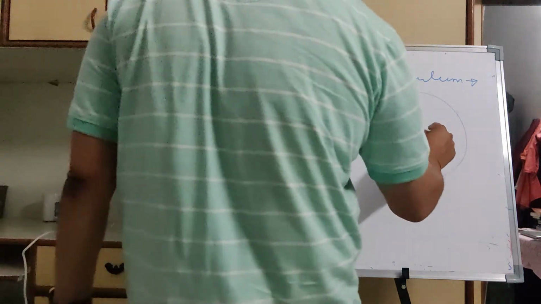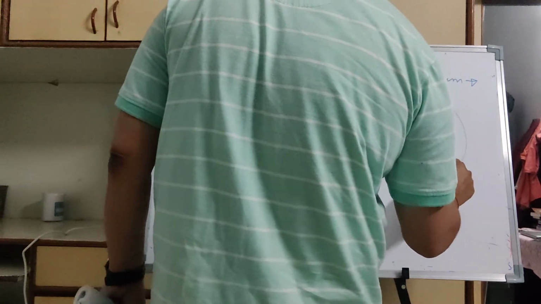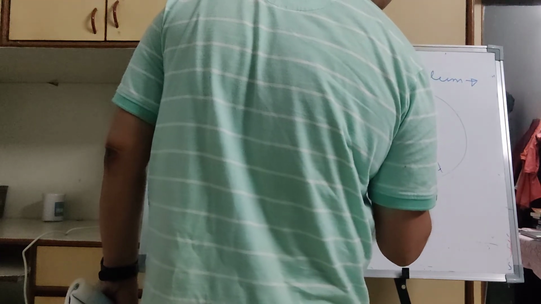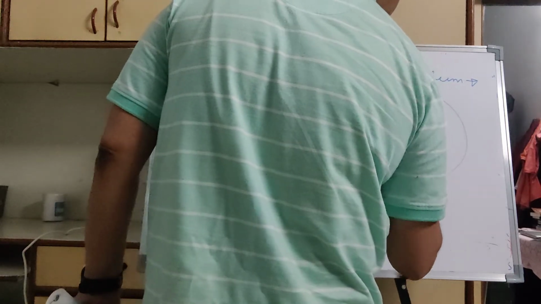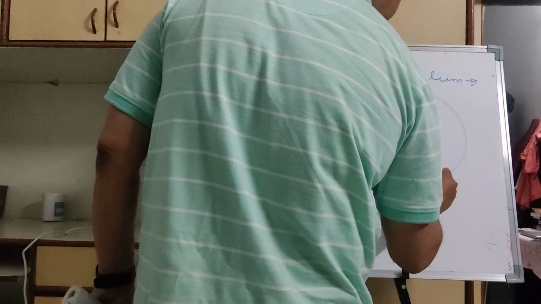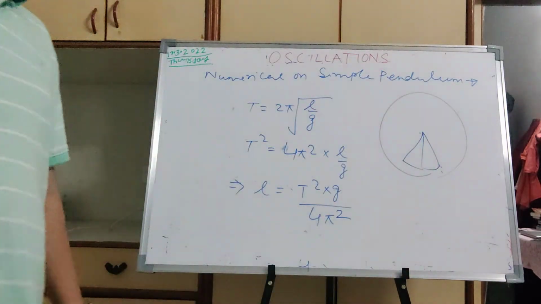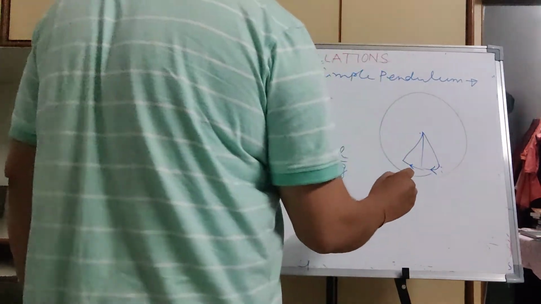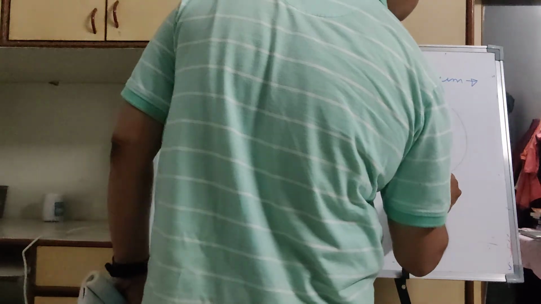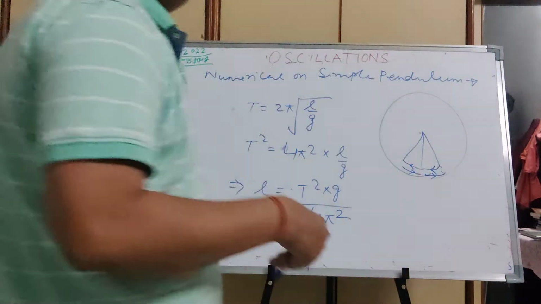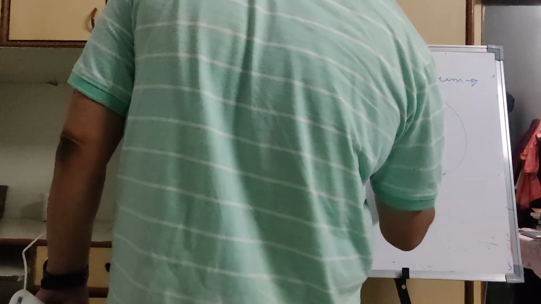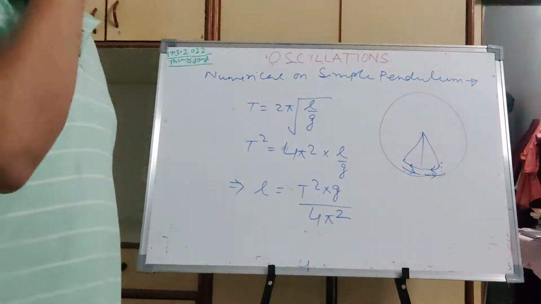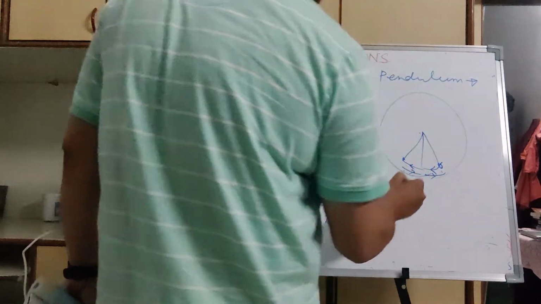What will be its time period? The pendulum goes from here to here, and then from here to here. It will come like this, then go like this, and one time period will get completed. Coming from this extreme to this extreme, then going from this extreme back to the first extreme, that is the time period actually.